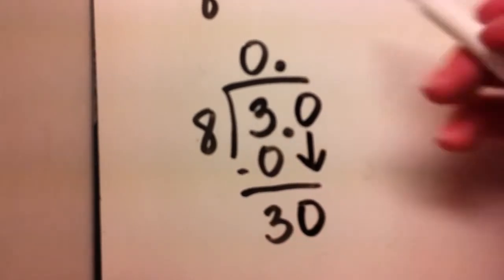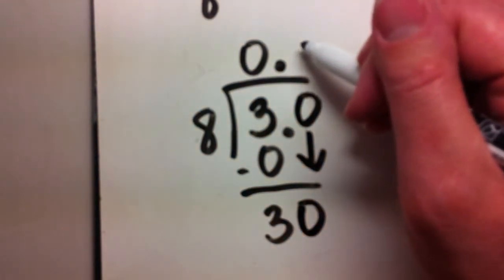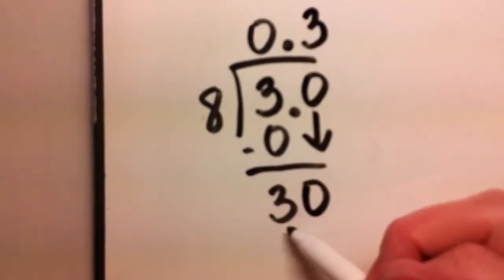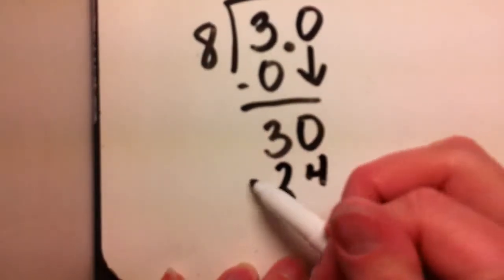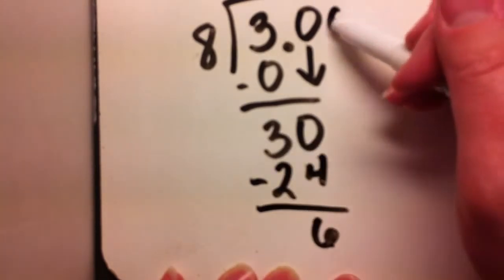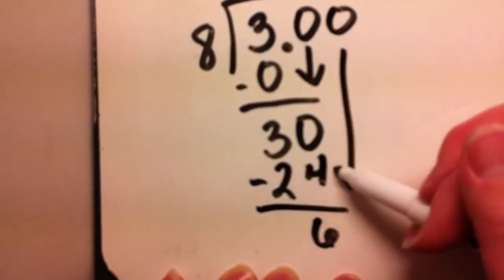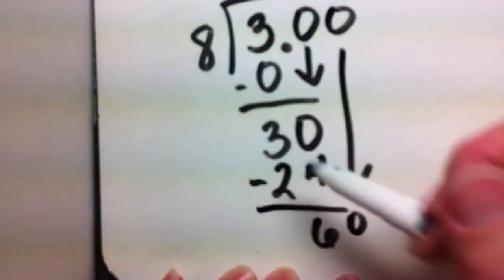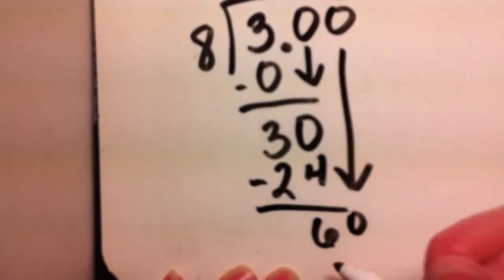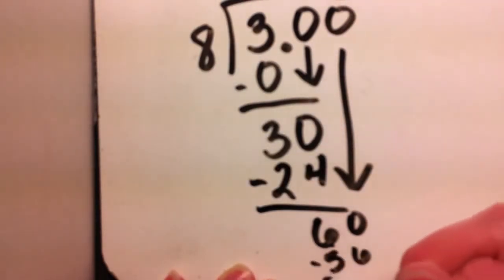8 goes into 30. Well, I know 8 times 4 is 32, so that's a little too big. It's going to go in 3 times. 8 times 3, that's 24. Subtract. 30 minus 24, I know, is 6. Add a placeholder 0. Carry it down. 60. 8 goes into 60 7 times. 7 times 8 is 56. Subtract.